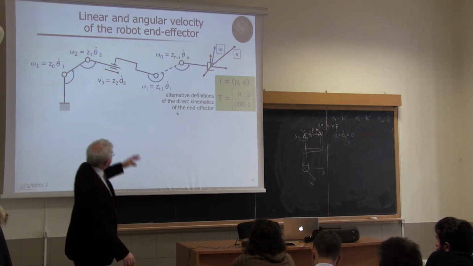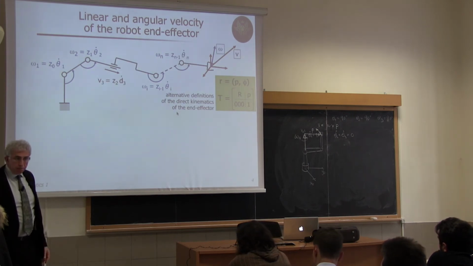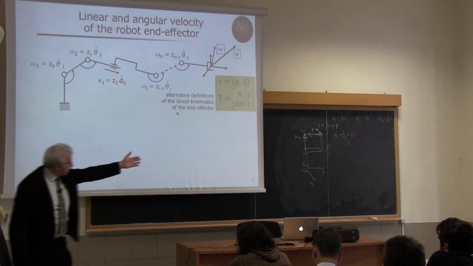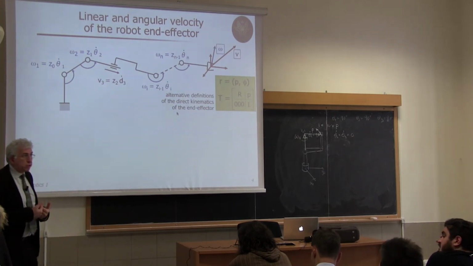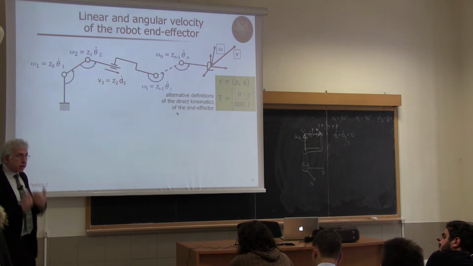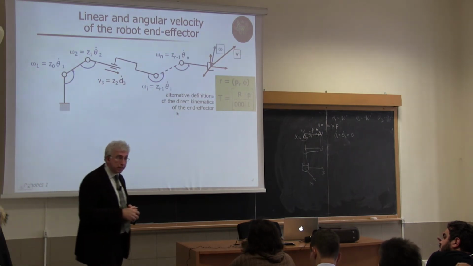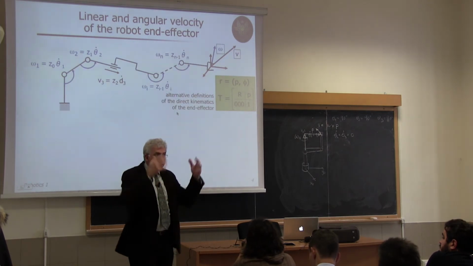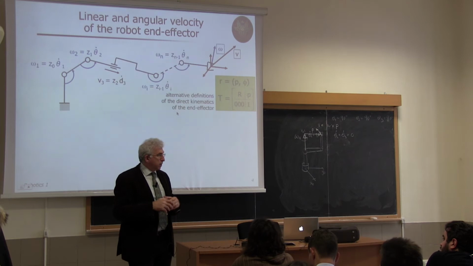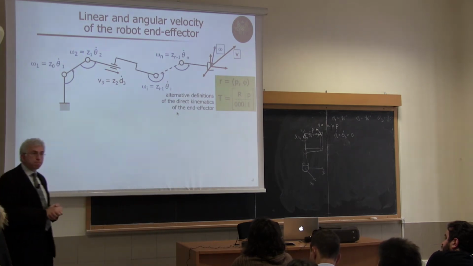And all this contributes to linear and angular velocity of the end effector, as we have seen, depending on the current configuration and, of course, on their intensity, because the current configuration specifies the orientation of the joint axis in space at that time, and then the intensity of the motion will give a contribution to the end effector.